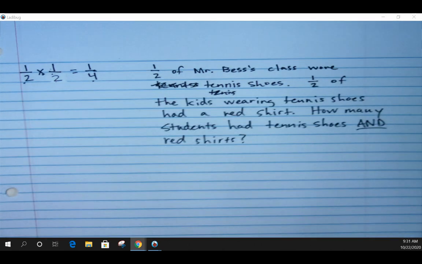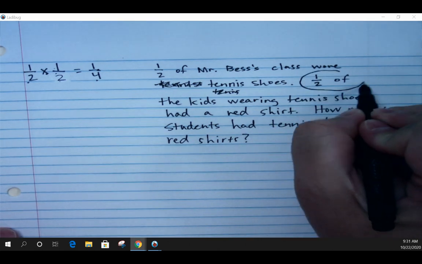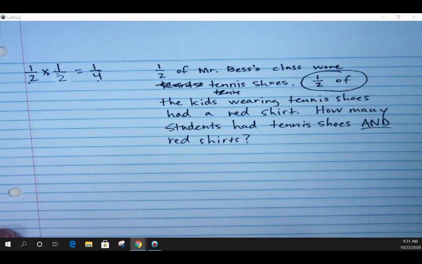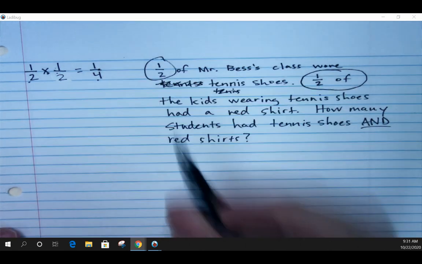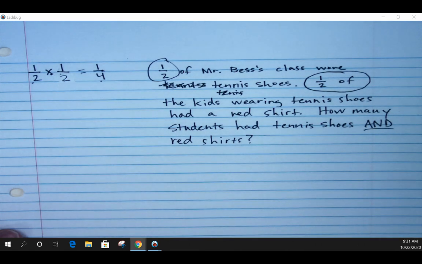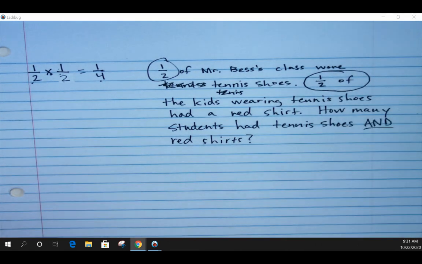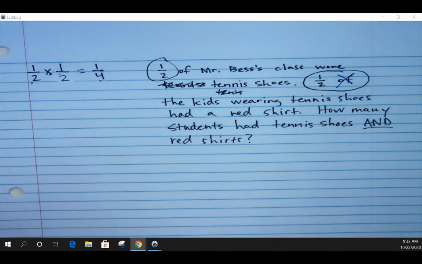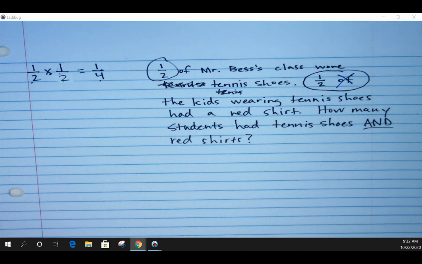Here's how. 1/2 of 1/2 is 1/4. 1/2 of, what does of mean? It means times. 1/2 of 1/2 means times. And 1/2 times 1/2 equals 1/4. Yeah, what about 1/4 of 1/4?